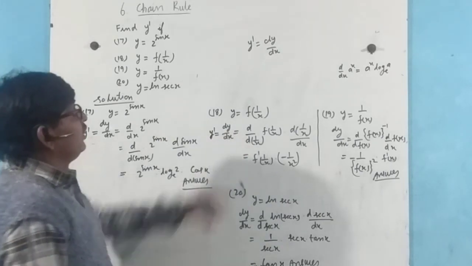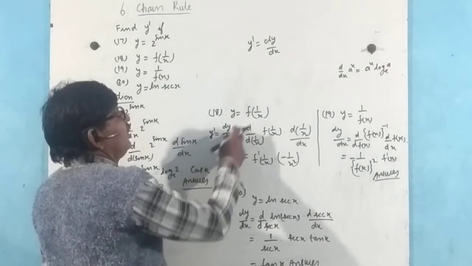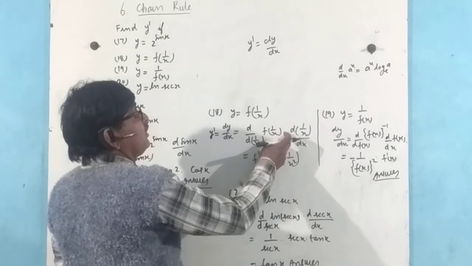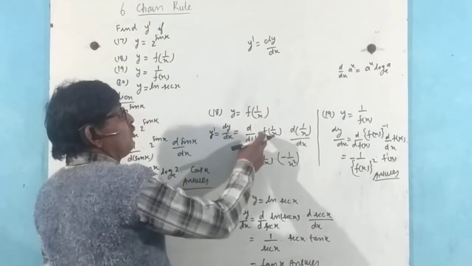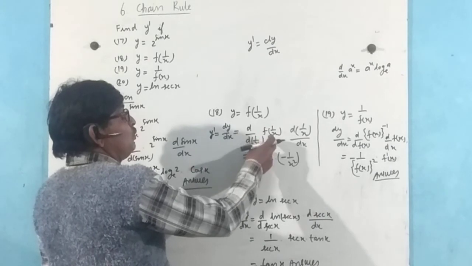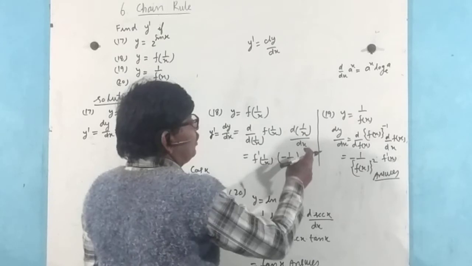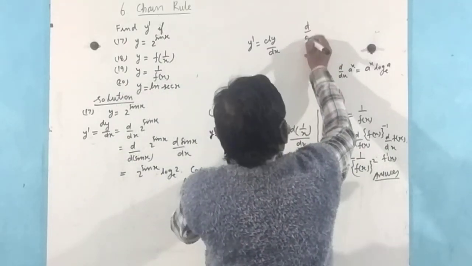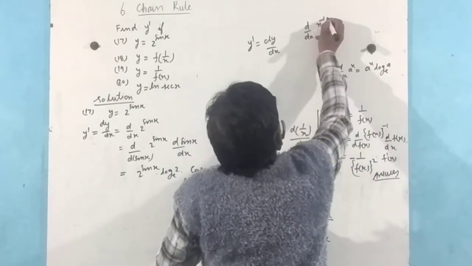Now arrange this d by dy by dx, and this cancels, so that d by d of 1 by x with respect to 1 by x is equal to f dash 1 by x, and this can also be written as d by dx of x to the power minus 1.